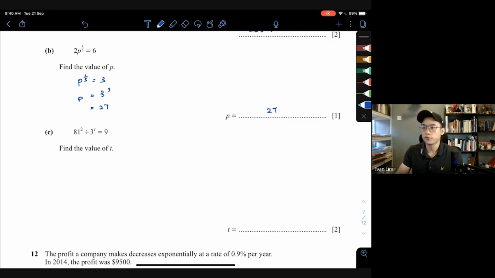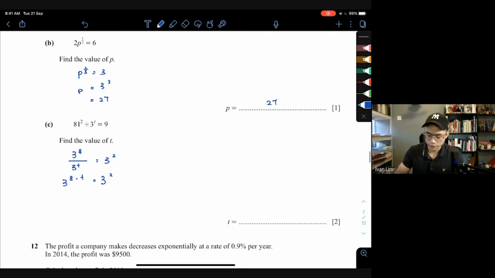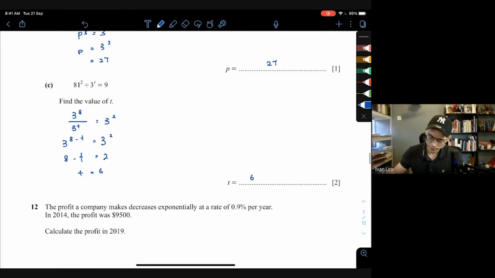So 3 to the power of 4 squared will be 3 to the power of 8, divided by 3 to the power of t equals 3 squared. Change it all to like this first. Then 3 to the power of 8 minus t equals 3 to the power of 2. When it's the same base on both sides, I can just compare the power. So 8 minus t equals 2. t equals 6.